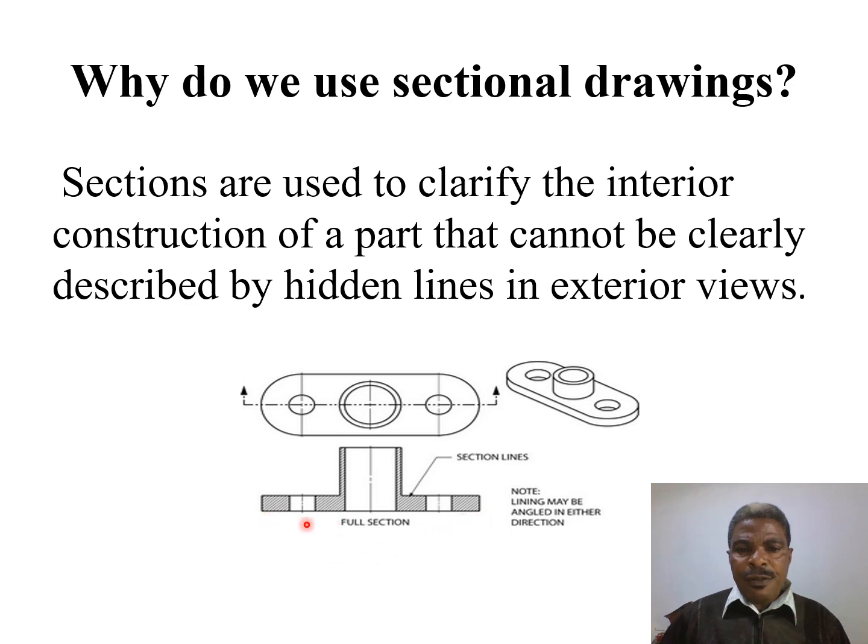So here is a full section. Full section means that it indicates the entire object from one side to another, and the line has been given on the plan view, and the sectioning has been shown on the front view.